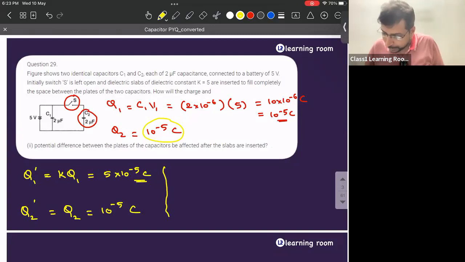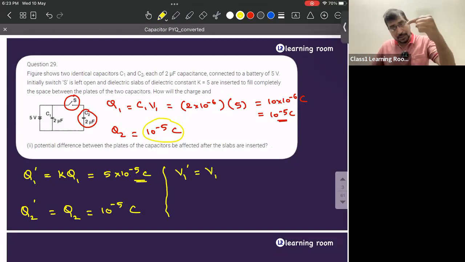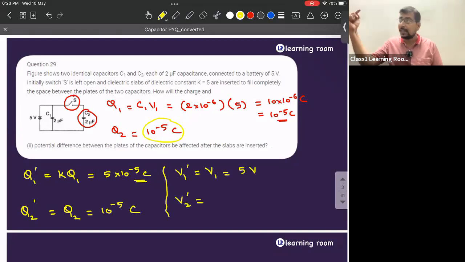Similarly, if you observe the potential, V1 dash will be equal to, since that capacitor is still connected to the battery, the initial potential difference itself, which is V1. So the answer will be 5 volt. Whereas V2 dash, since the dielectric is inserted and the battery is disconnected, will decrease by a factor of k times.